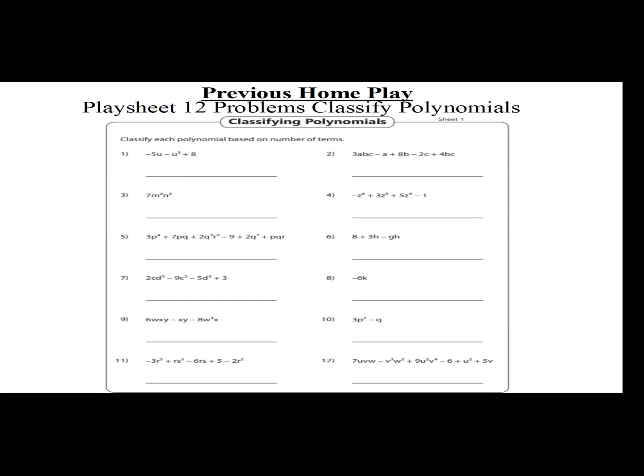And in there, you're going to see an assignment titled 12 Problems, Classify Polynomials.